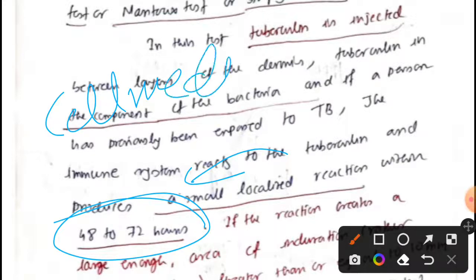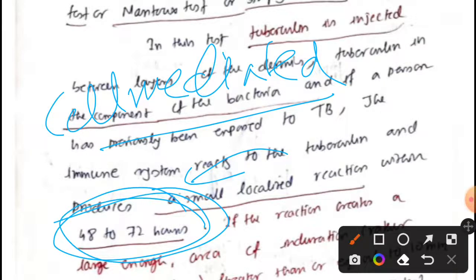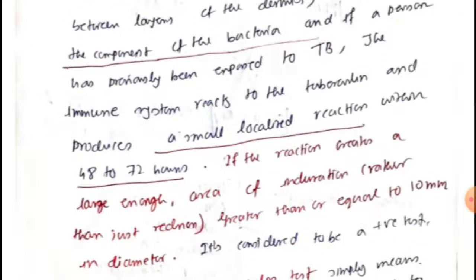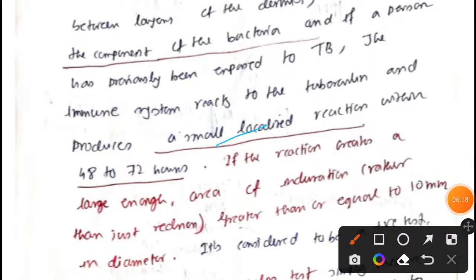Remember it: that means it depends on T cells, and that is why it takes about 48 to 72 hours. If it involved humoral immunity, it would take much less time to show its reaction. So upon injection of tuberculin, there will be a small localized reaction within 48 to 72 hours.